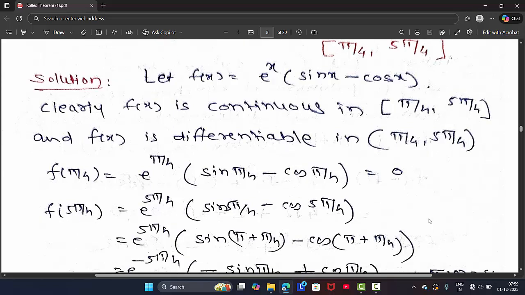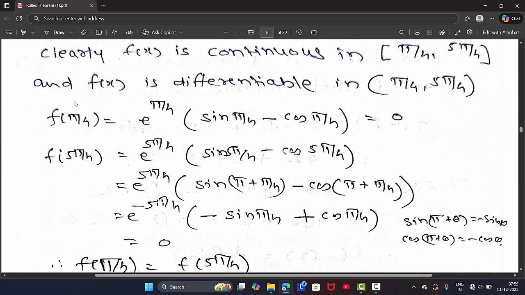f(π/4) equal to e^(π/4) into (sin π/4 − cos π/4). This value becomes 0 because sin and cos at π/4 are equal. Similarly, f(5π/4) equal to e^(5π/4) into (sin 5π/4 − cos 5π/4). Sin of 5π/4 becomes sin of (π + π/4) and cos of 5π/4 can be written as cos of (π + π/4).